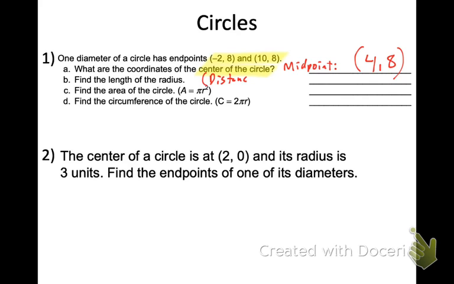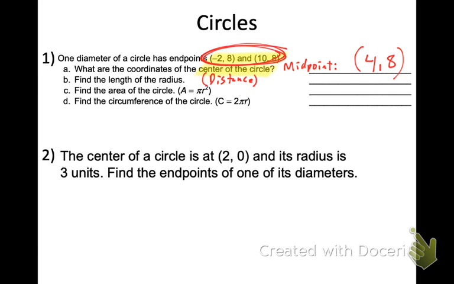Now, there's 2 ways to do this, right? I can find the distance of my diameter and then divide by 2. Or I could take my center coordinate with either of my other coordinates, and that would give me the radius. I like to do the diameter, though, so I'm going to do this one here. What's the difference in my x values? 12.